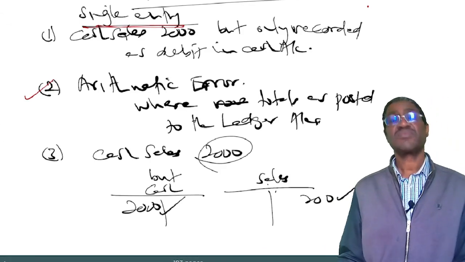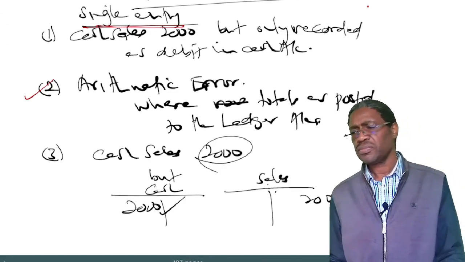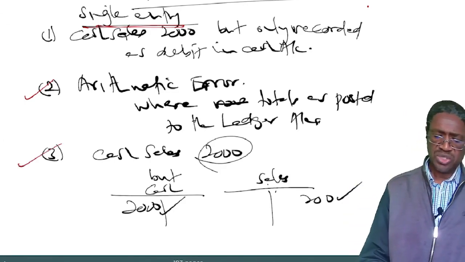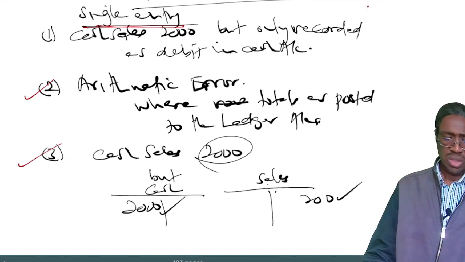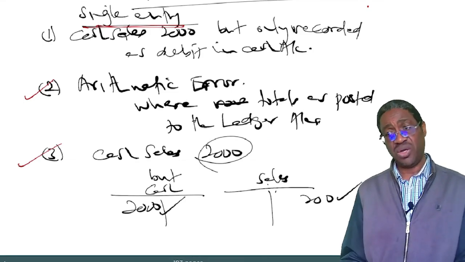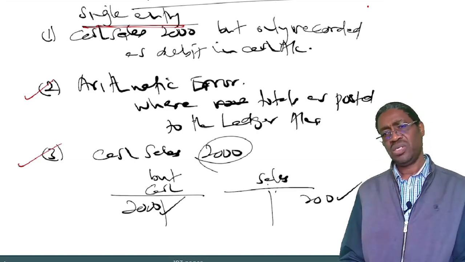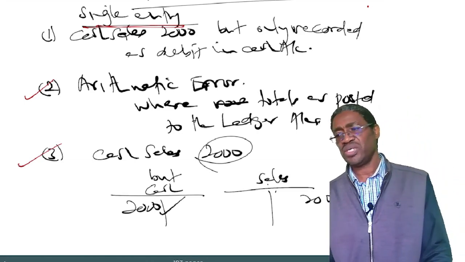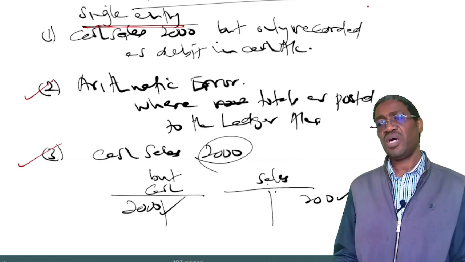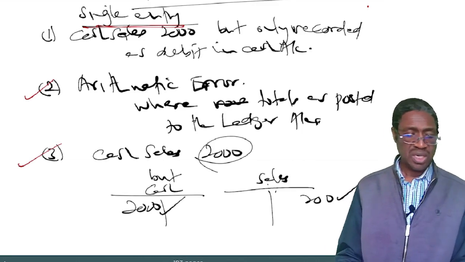Number 3, another example. Where a transaction is recorded using different amounts.